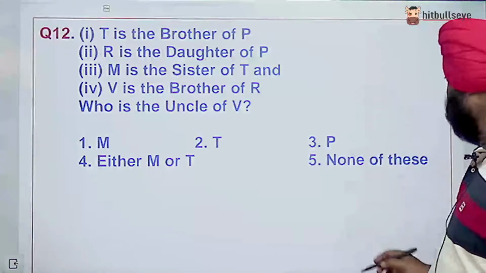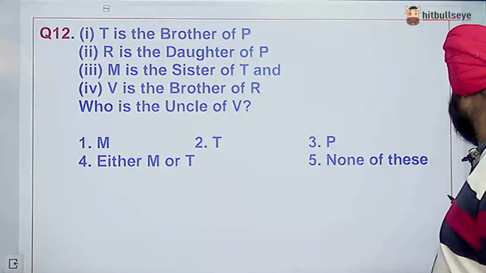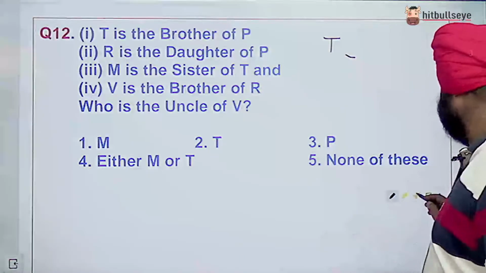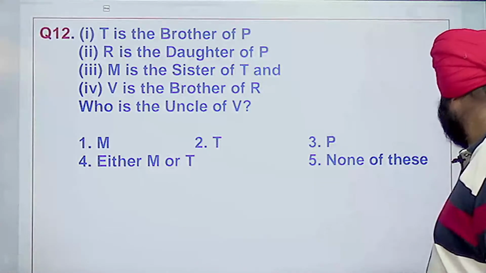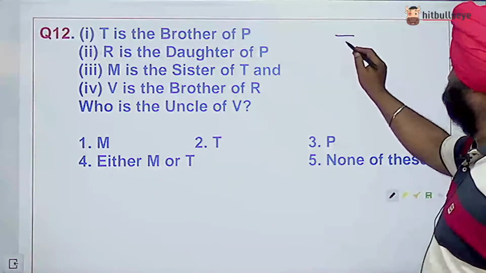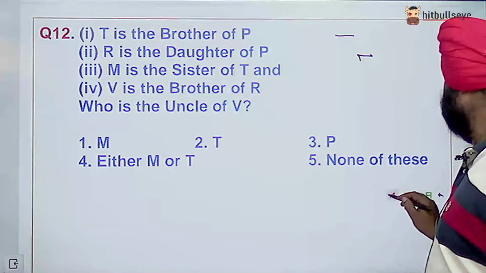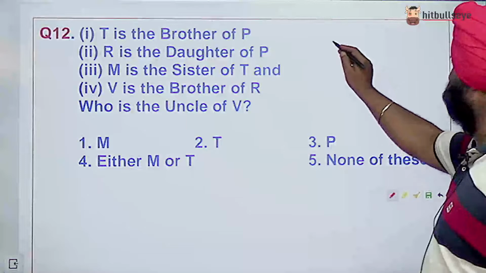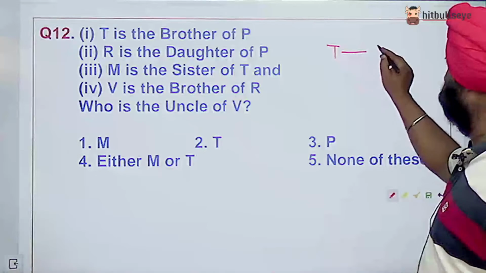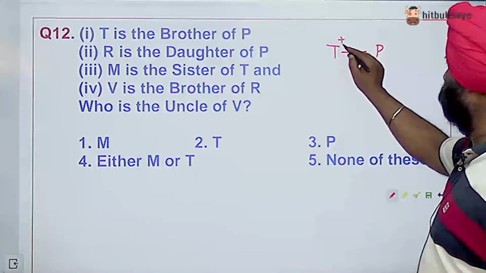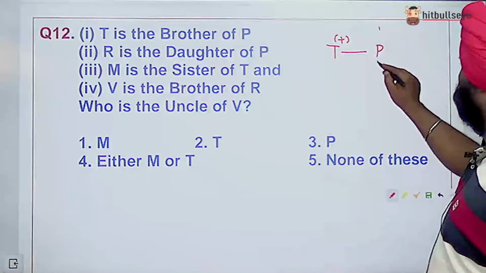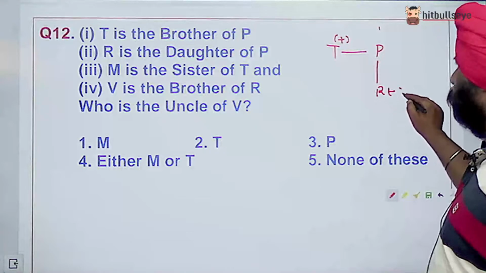T is the brother of P. So T is the brother, so T has to be plus sign. R is the daughter of P. R is the daughter, so R has to be given negative sign.